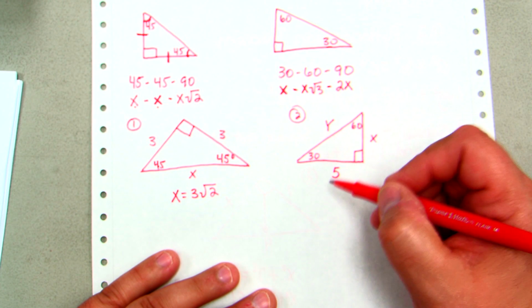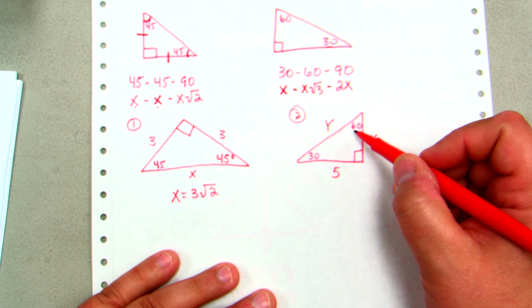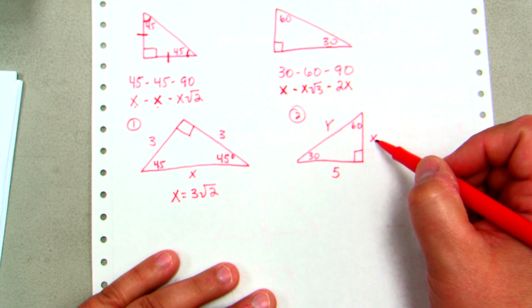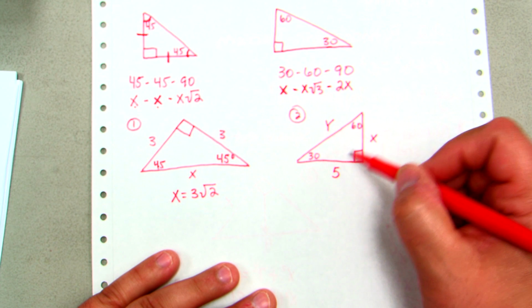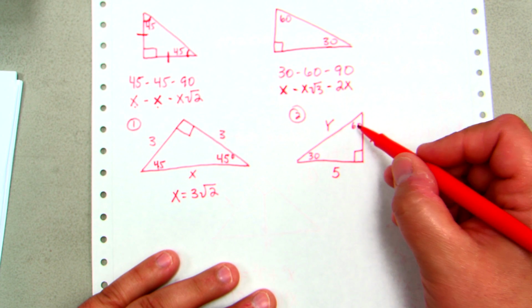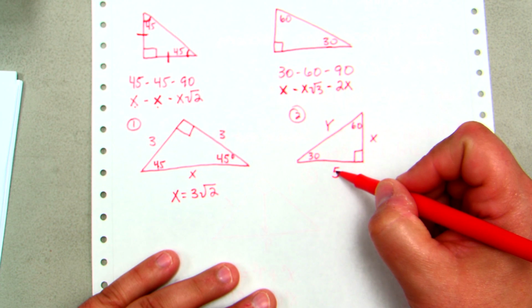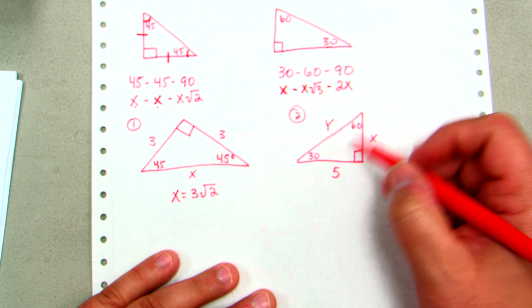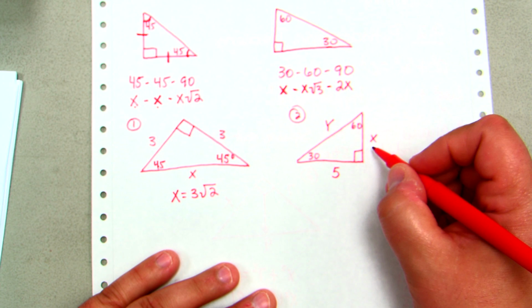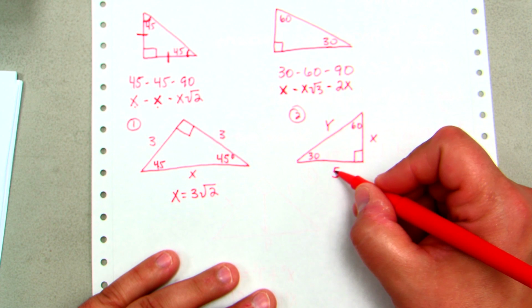The tricky part of this is that I don't give you what's opposite the short leg. Conversely, this formula always works, meaning I give you what is the middle. So opposite the middle is 5. We know that we took x and multiplied it times the square root of 3 to get 5.